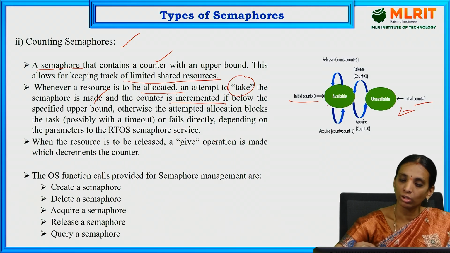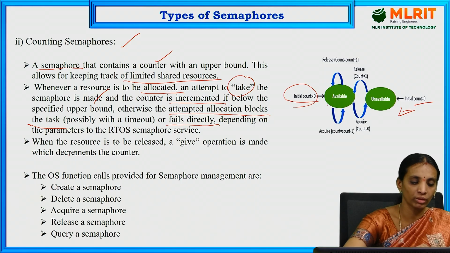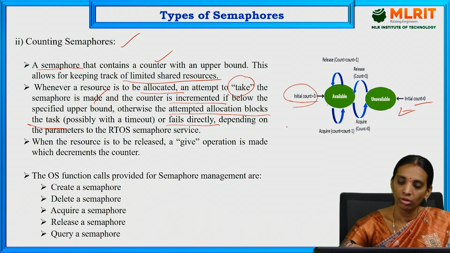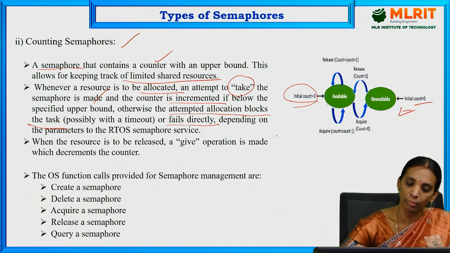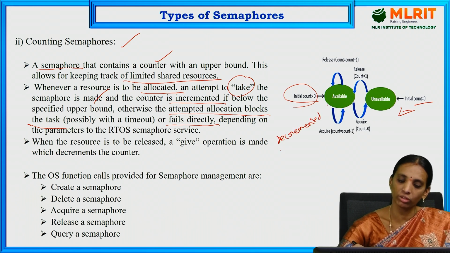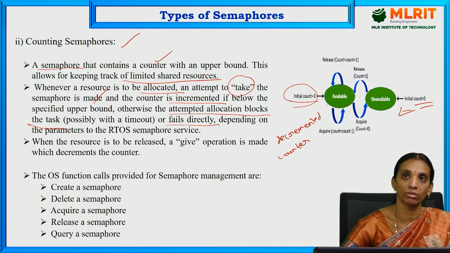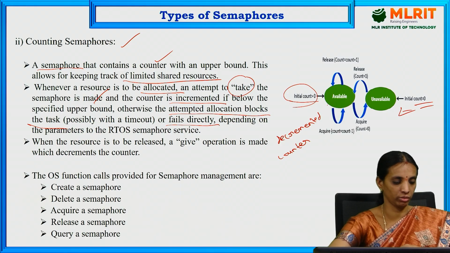If the count is within the specified limit, then the process continues. Otherwise the allocation blocks the task or fails directly. When the resource is to be released, the counter is updated again and we check it again, so the resources are available for other processes.